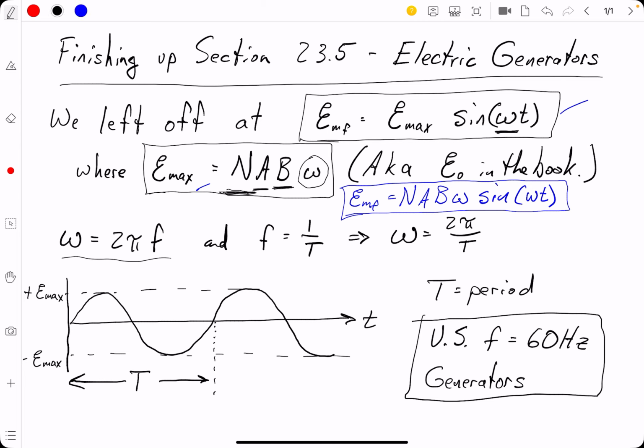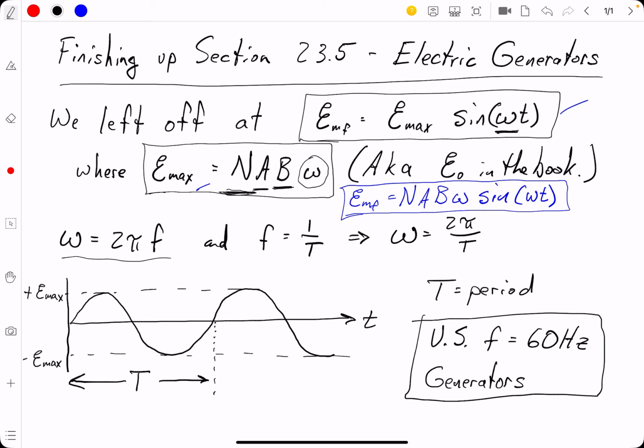So let's get back to what we were doing. We've got omega equals 2 pi times our frequency, all right? Which means, if frequency is equal to 1 over the period of the cycle, which we see down here at the bottom, that's 1 period for the cycle, then omega is equal to 2 pi over the period.